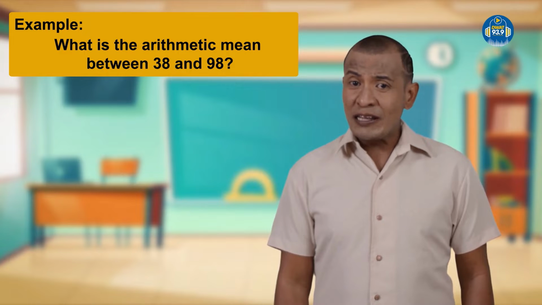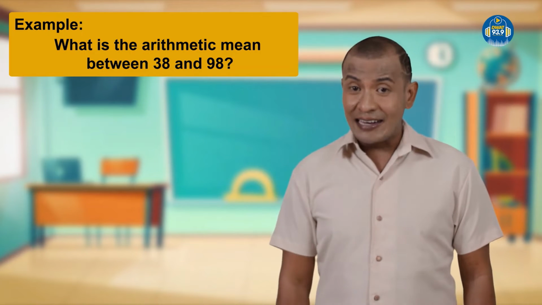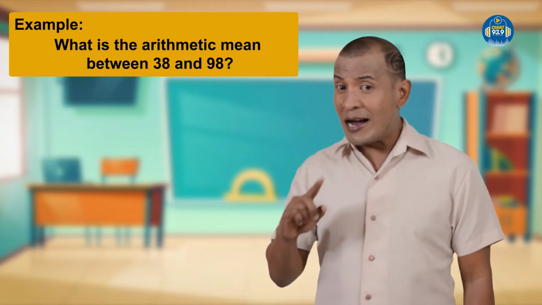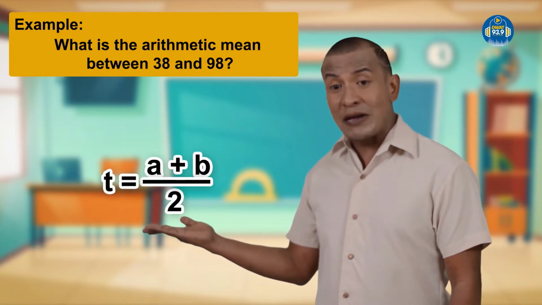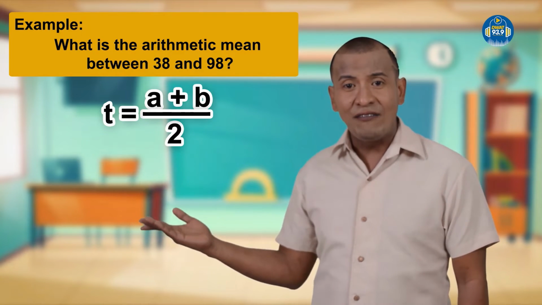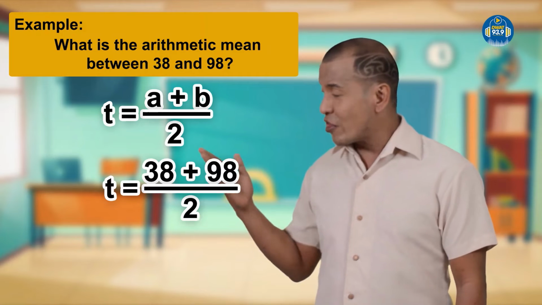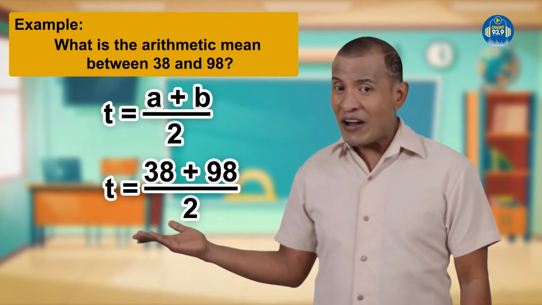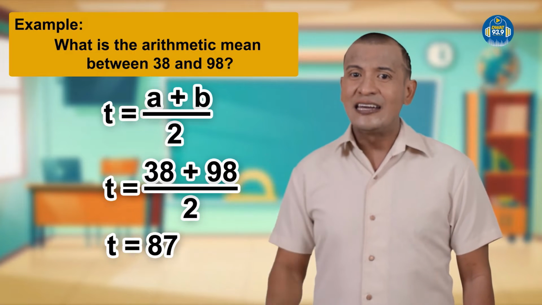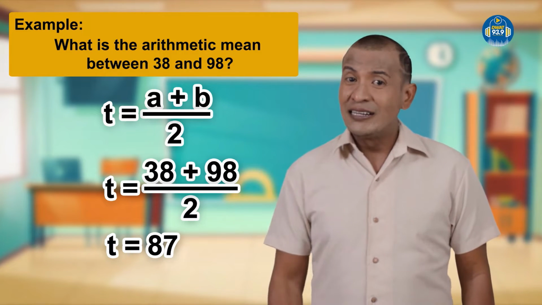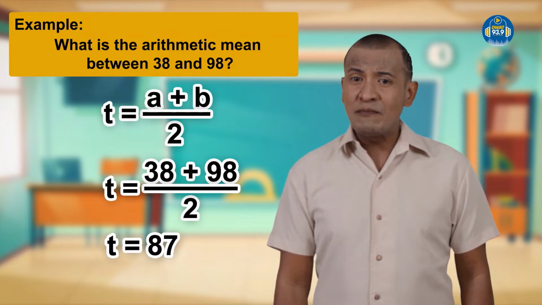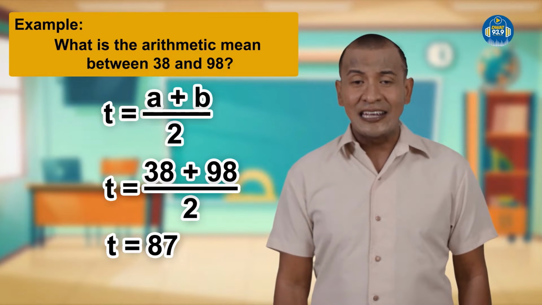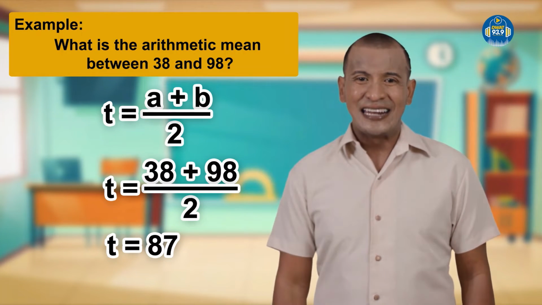Then, the arithmetic mean, which is t, using the formula t equals a plus b all over 2, we have t equals 38 plus 98 all over 2. Simplifying, we have t equals 68. Therefore, the arithmetic mean between 38 and 98 is 68.